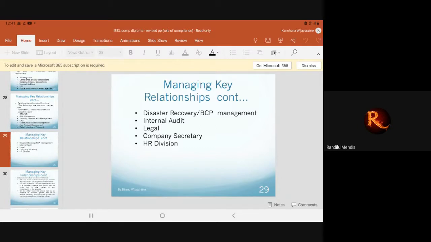So HR is the hub where everything in the organization is aligned with HR strategy and HR policy. Or put it the other way around, HR needs to cater to the requirement of the organization. It's the main cog, right, which provides movement for all other small wheels in the machinery.